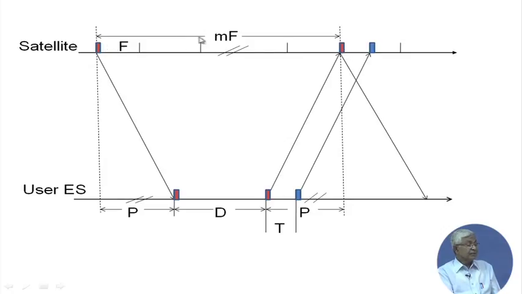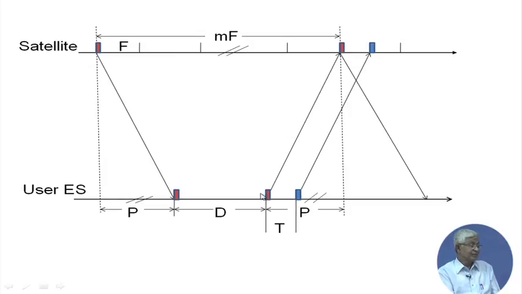So if this is m times the frame, which your imaginary reference station, if you are, will reach the satellite exactly at the reference station reception, at the reference station reception at the satellite, the other reference station is transmitting.